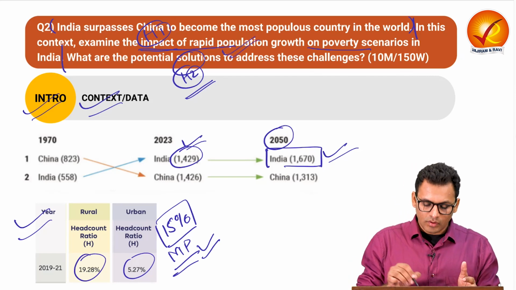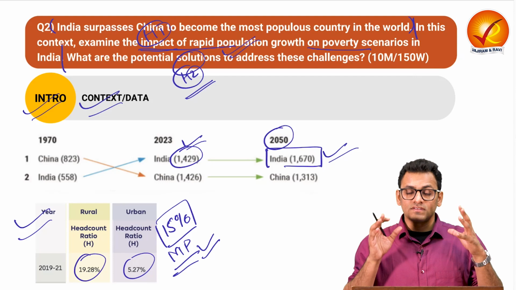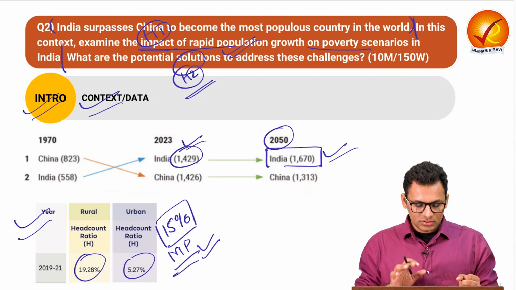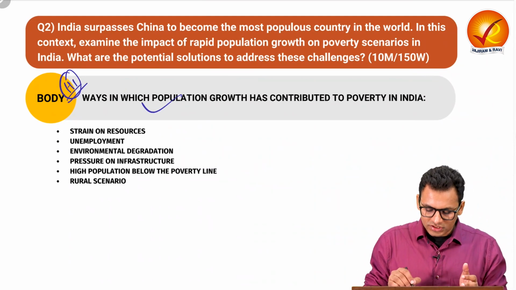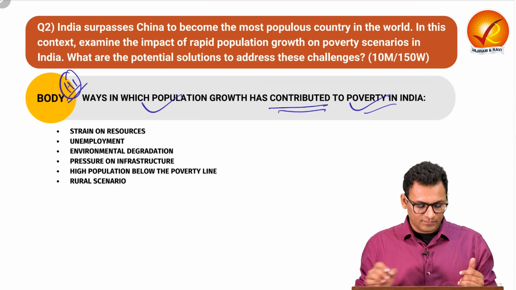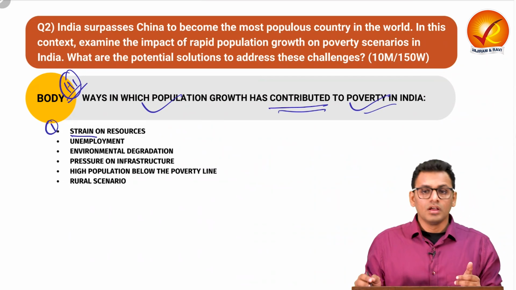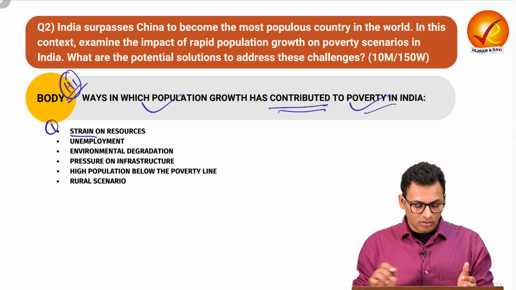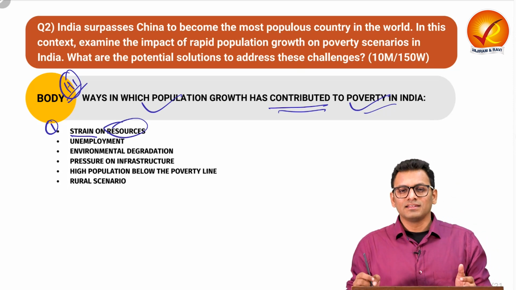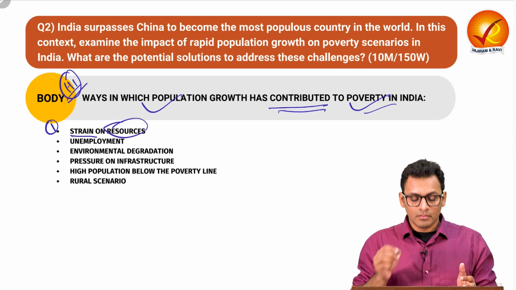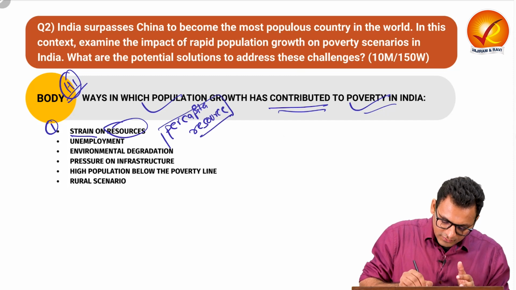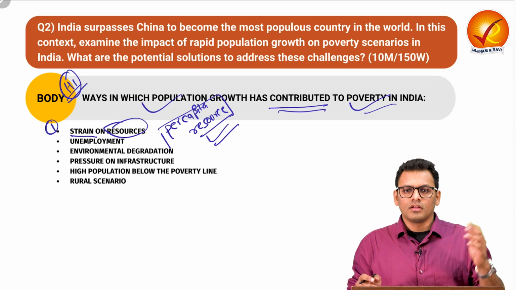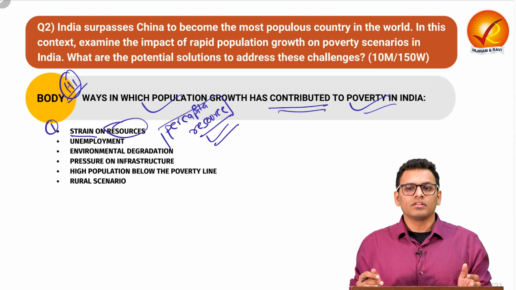When we are looking at rapid population growth, we are also looking at certain kind of challenges with respect to the same. So in the body, in the heading 1, you can talk about how population growth is contributing to the poverty in India. Firstly, you can talk about how population growth will put a lot of strain on the resources. We do understand that India is a resource rich country, but when we think about per capita resources, we still fall back when we compare to certain neighboring countries.